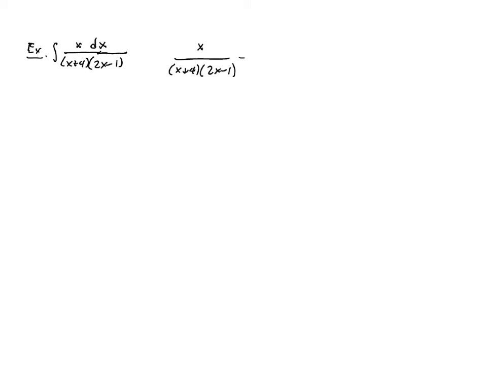using the fact from the previous page as some number A over the first factor, x plus 4, plus some number B divided by the second factor, 2x minus 1. And so what we need to do is find out what A and B are. And the technique for doing that is to multiply both sides of the equation here by that entire denominator function.